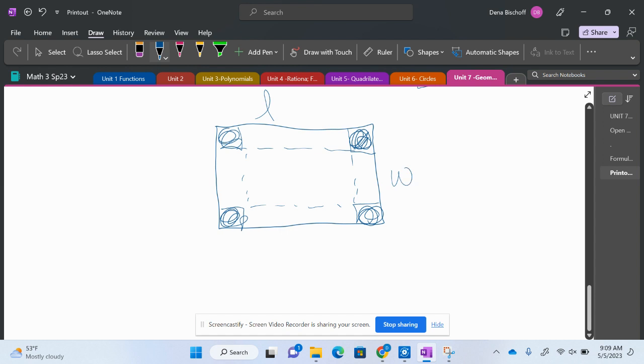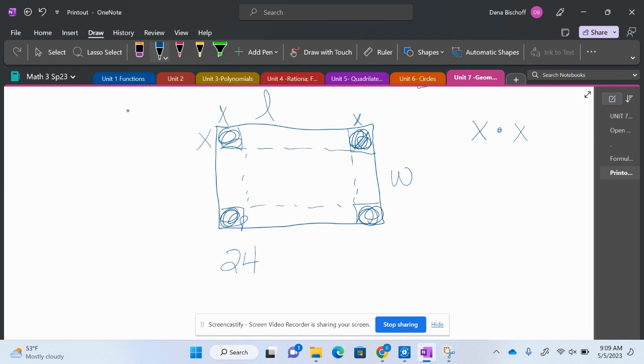If this is X, we're going to let the size of the box that we cut out, whether it's a 2 by 2, 3 by 3, or 4 by 4, be an X by X dimension. What kind of equation can we come up with? Well, when it was 24 units long and we cut out a size X from each end, we're subtracting 2X. So my length minus 2X is my new dimension here. Well, what about the width?